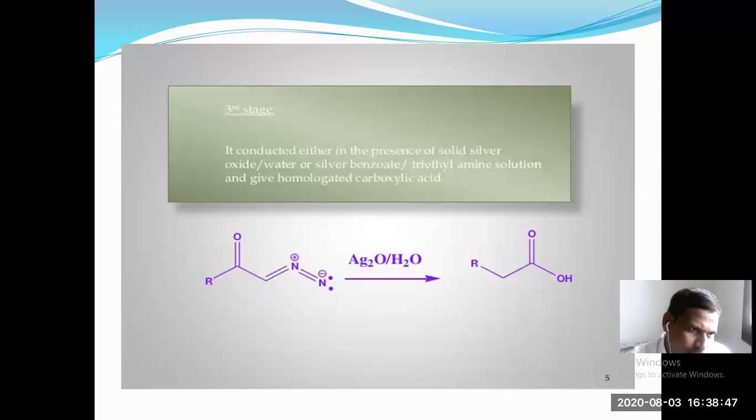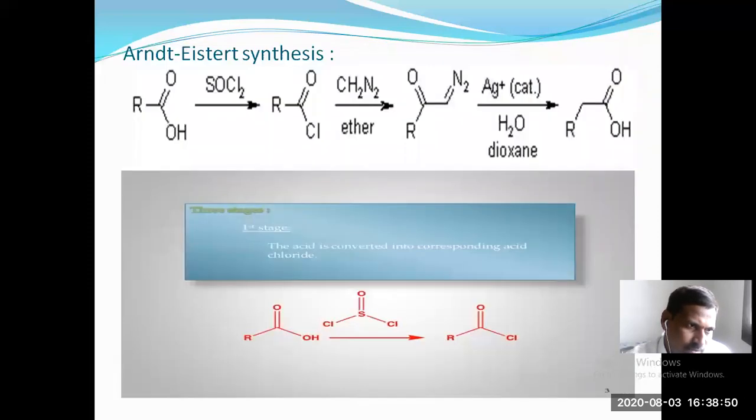Once again, this is the Arndt-Eistert synthesis reaction. In this reaction, the reactant is carboxylic acid and the product is also carboxylic acid. Compared to the reactant, one CH2 group is present in the product. Carboxylic acid reacts with thionyl chloride to get the acid chloride in the first stage.